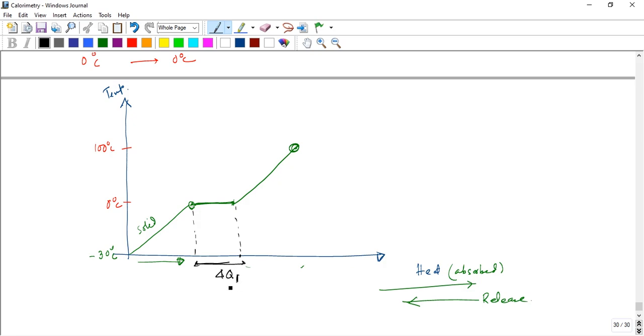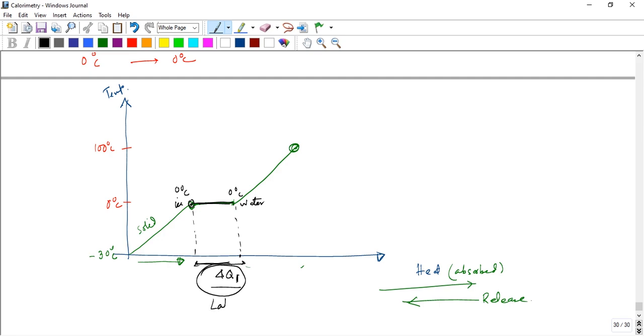Here you see the ice at 0 degree centigrade. Here the state changes at 0 degree centigrade. Temperature is constant but heat is increasing, so that heat is called latent heat.